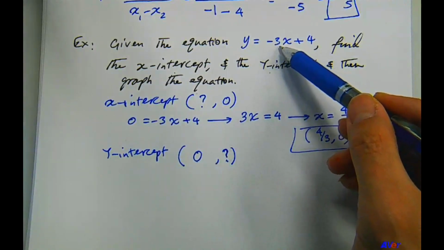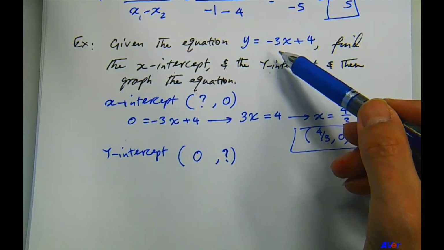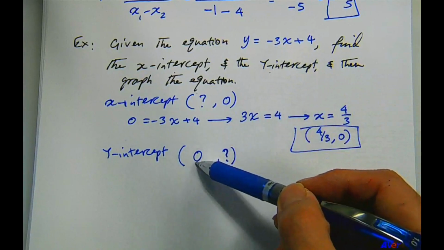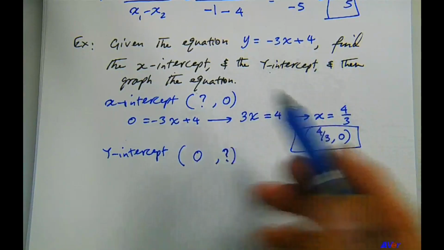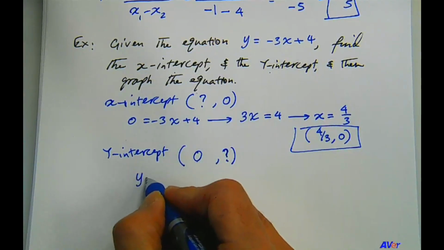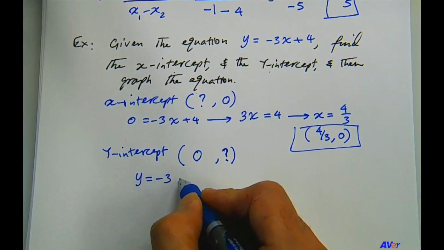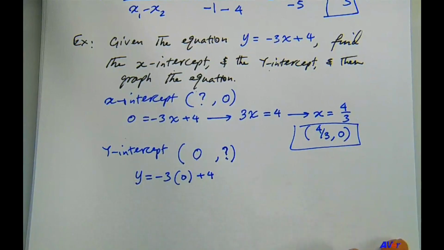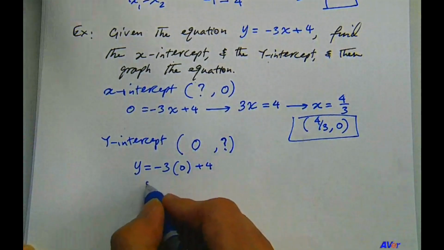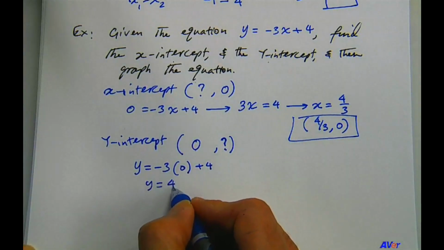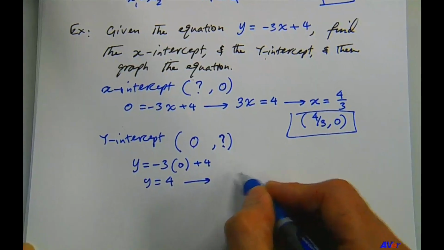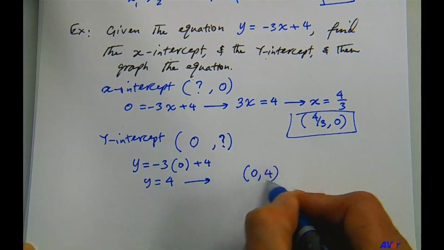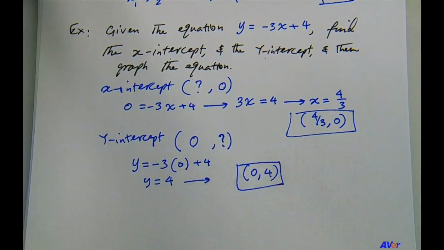We substitute in this equation for x with 0 and then solve for y. All right, let's do that. So y equals minus 3 times 0 plus 4, and this will give us y equals 4. So the y-intercept is 0, 4.